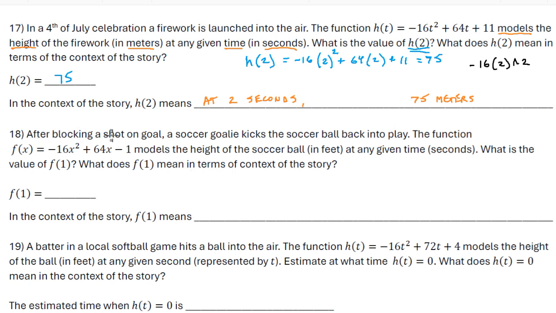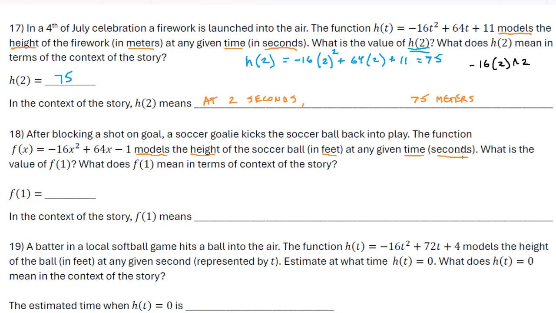Here's our story. After blocking a shot on goal, a soccer goalie kicks the soccer ball back into play. The function f of x equals negative 16x squared plus 64x minus 1 models, that means it's predicting something, the height of the soccer ball in feet, there's our unit of measure, at any given time in seconds.